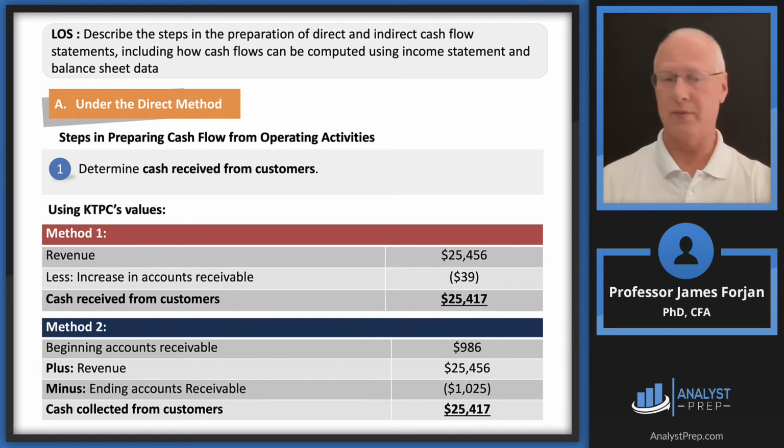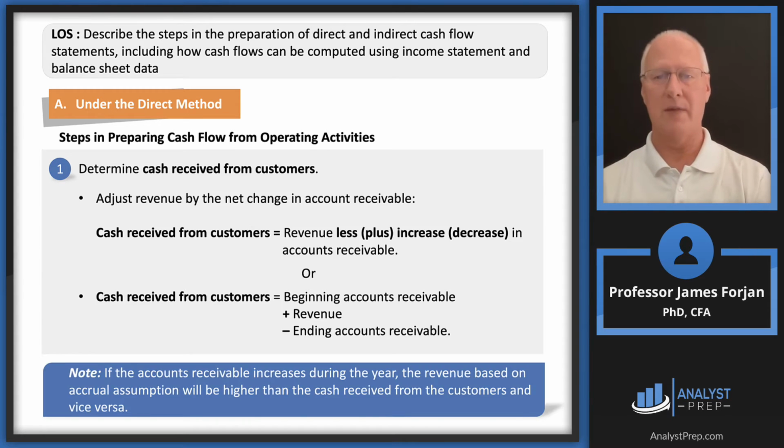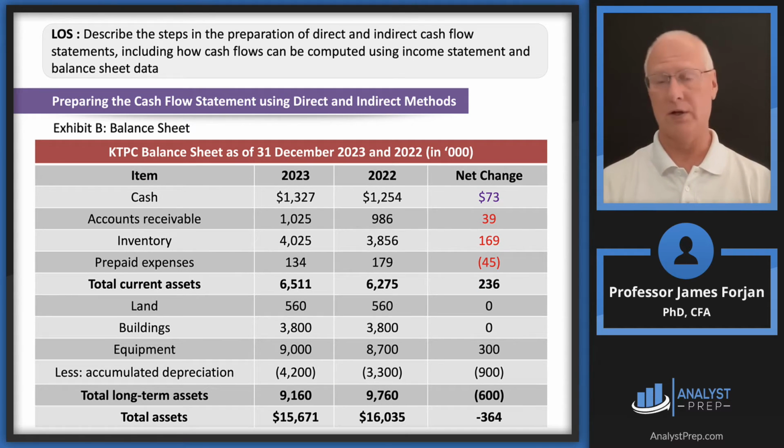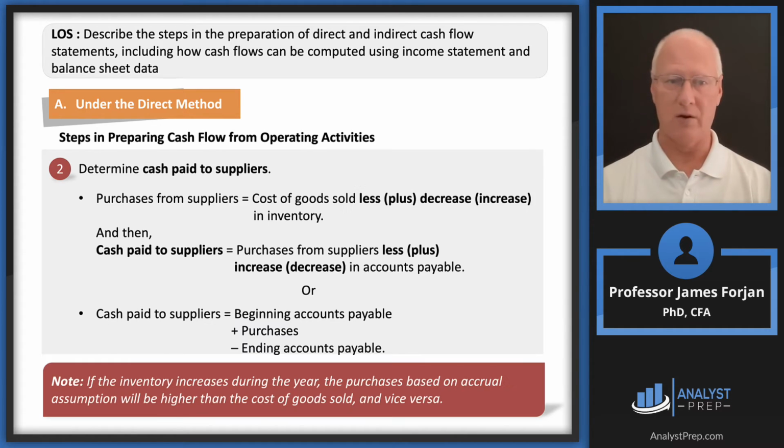Or you can start with beginning accounts receivable and subtract out ending accounts receivable, and you get the same 25,417. Now, I am not going to go back to each one of these, so you may want to pause the video and go back through the slide deck. There's that change in accounts receivable, which shows up right there. So there you go, cash received from customers.